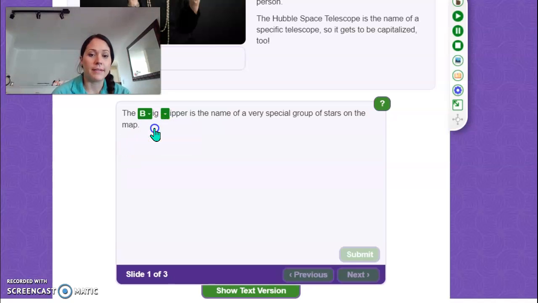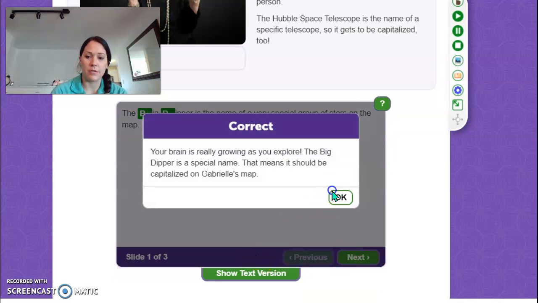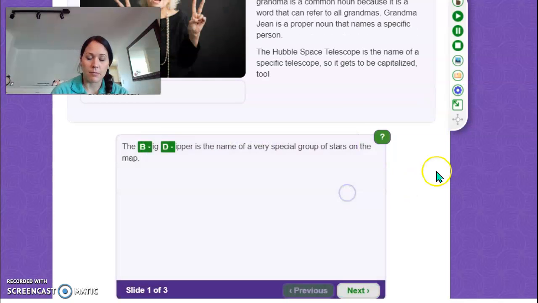I hope you said capital B, and it's the Big. Now the other part of this word is Dipper, but we need to decide would it be capital D or lowercase d? Good job, capital D. So our proper noun, Big Dipper, is the name of a special group of stars.